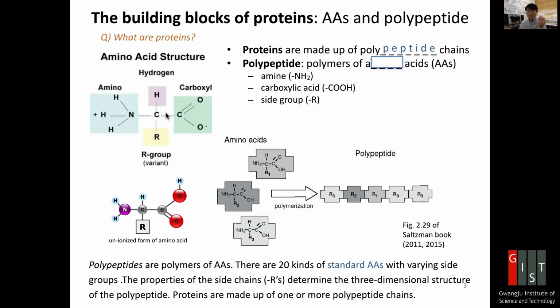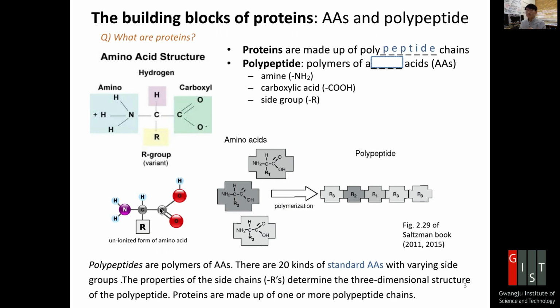What determines the name or the structure of this amino acid is this residue group, the R group. The unionized form of an amino acid looks like this: CH, NH2, COOH, and a residue.